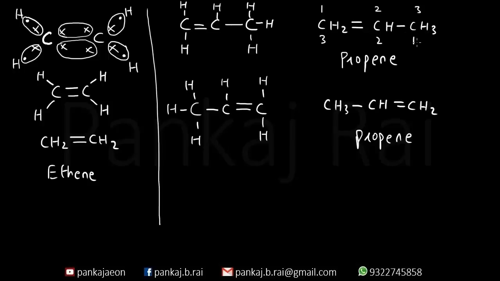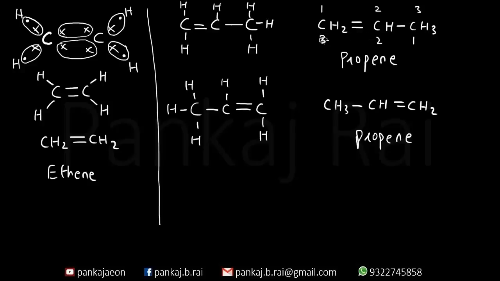Whereas if we do numbering in this way, 1, 2, 3, here the double bond is between carbon number 2 and carbon number 3. So we will say that double bond starts with carbon number 2, which shouldn't be the case. As I said, the rule is the numbering should start from where the double bond gets the lowest number or appears first.